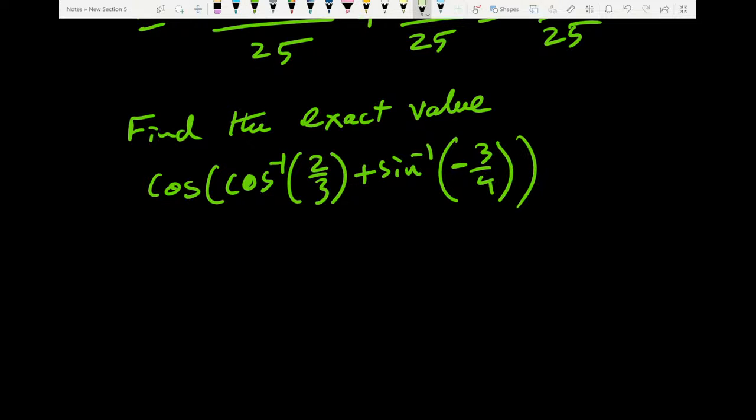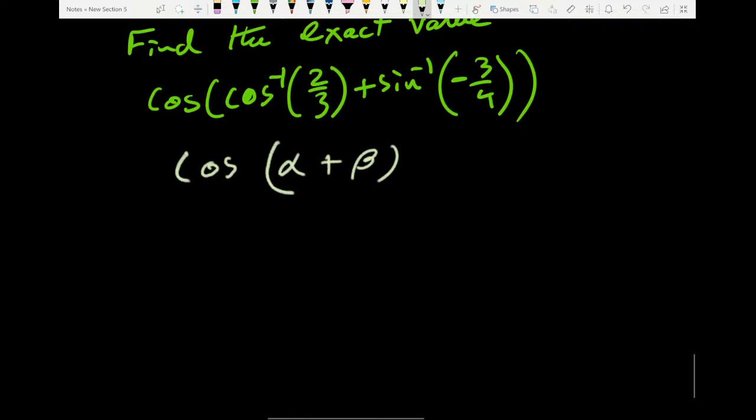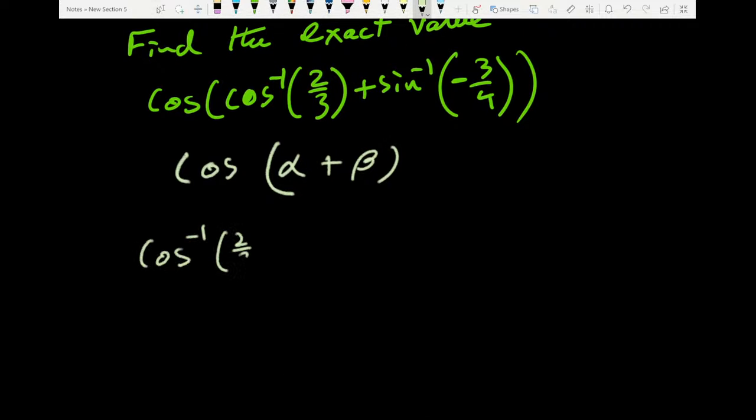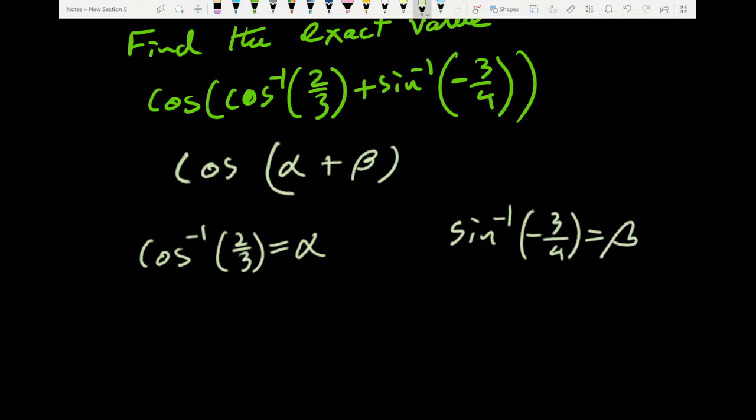Now treat this problem as cosine of alpha plus beta. So if I do that, then I get cosine inverse of 2/3 equals alpha, and sine inverse of -3/4 equals beta.